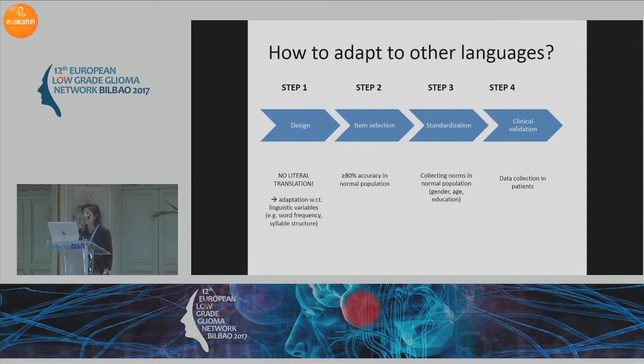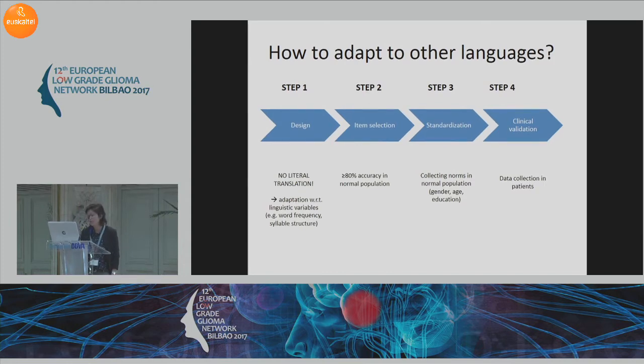So then you end up with another list, and then step 3 is the standardization. So you collect norms in a normal population, take into account things such as gender, age, and education, and from there you can make cutoff scores and administer it at clinic, and that's the final step, clinical validation.